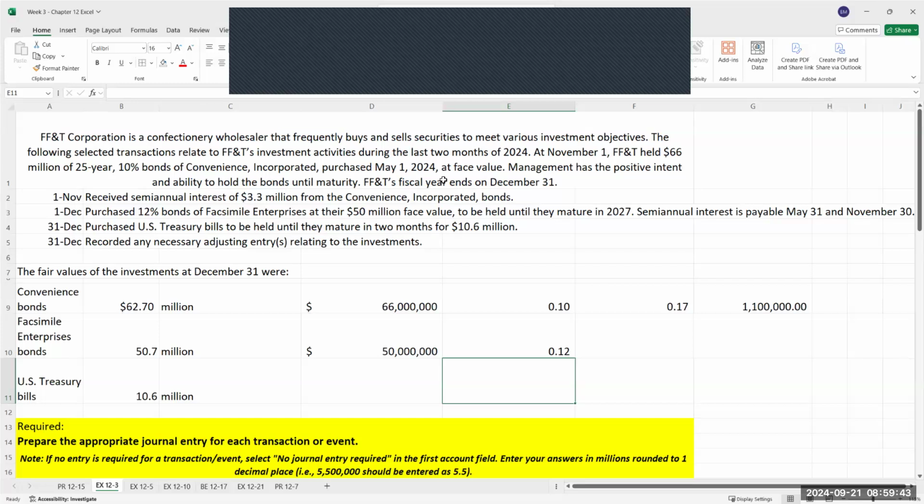All right, and now we need to determine, okay, what's the time period that has elapsed? So purchased December 1st. Therefore, 1 month has elapsed. So therefore, 1 divided by 12.